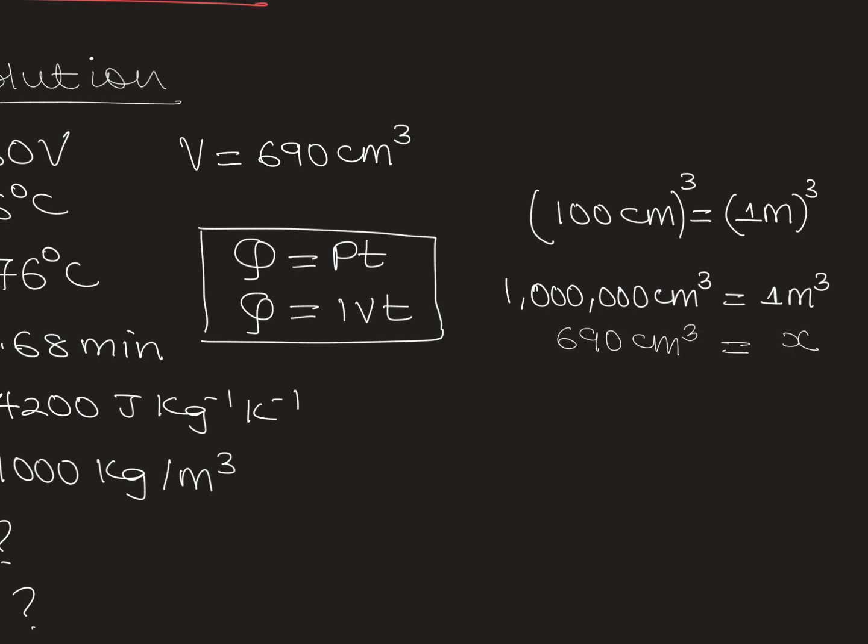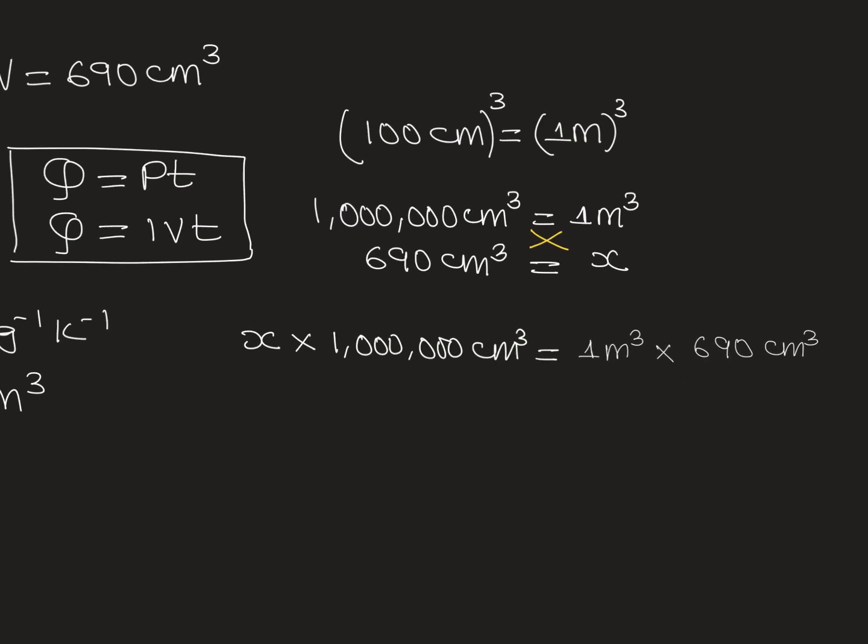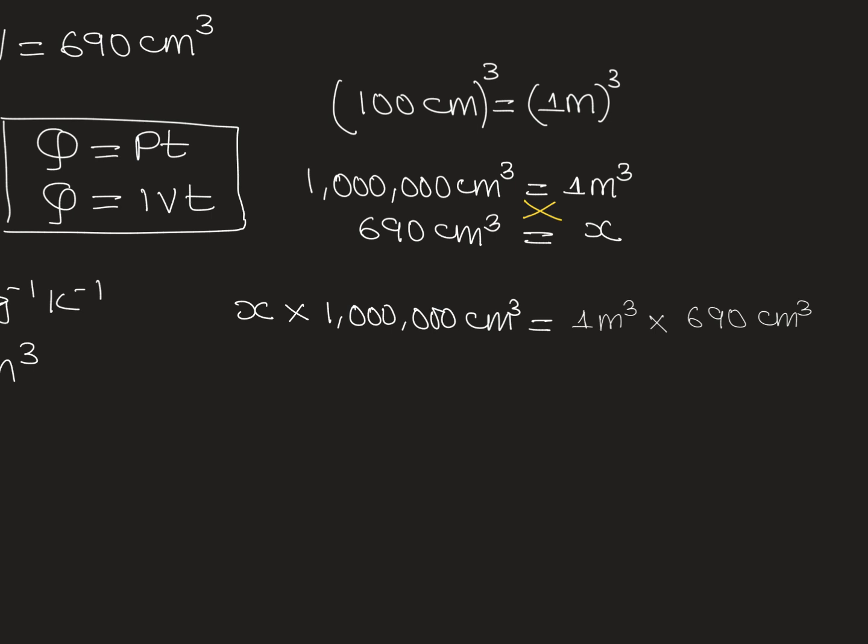So I cross multiply, and that will be x times 1 million centimeter cube is equal to 1 meter cube multiplied by 690 centimeter cube. Because I just want to know x, I can divide both sides by 1 million centimeter cube.